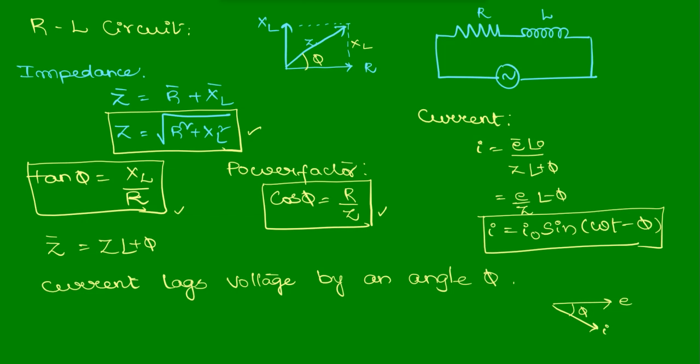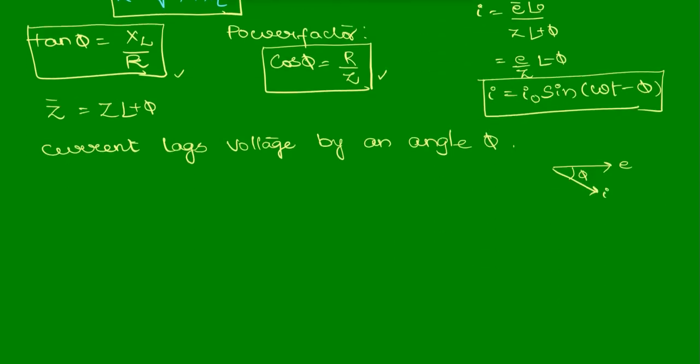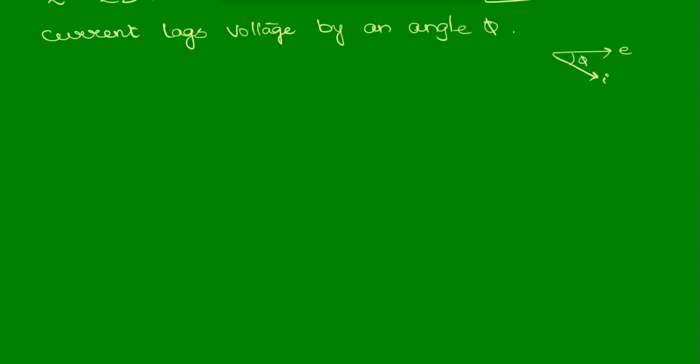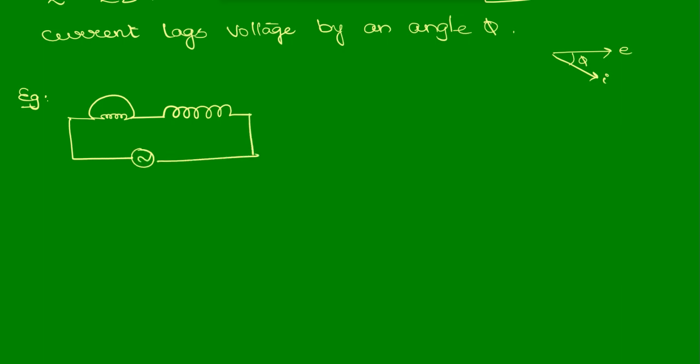And here also we have some interesting questions like this. Just look at this example. There is a bulb and an inductor connected to AC, and the inductor initially has an air core, so air is the core. That means in the inductor we can keep any ferromagnetic core.